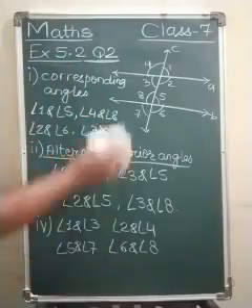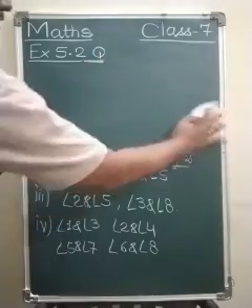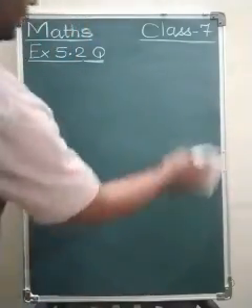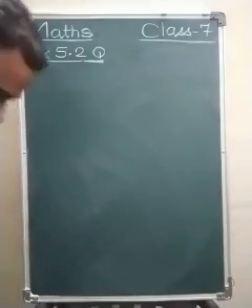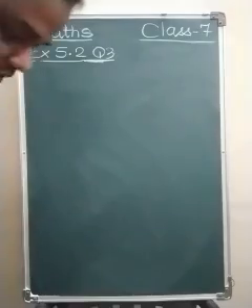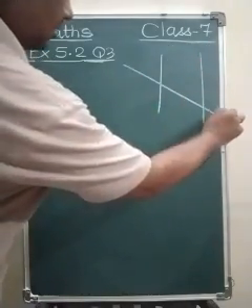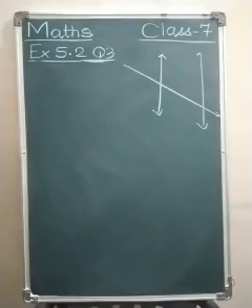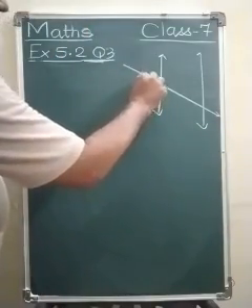Quickly we move towards question number 3. Now, with all the properties known, all the types of angles known, we have to find out some angles in question number 3. So very quickly I will draw the figure. Okay, so this is the figure. This angle is 125 degrees.